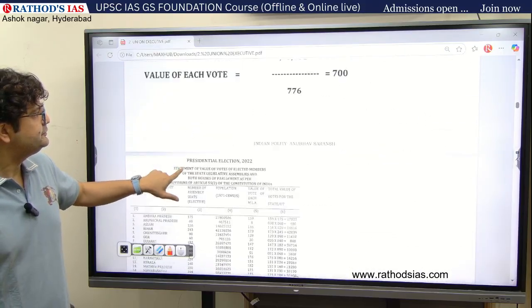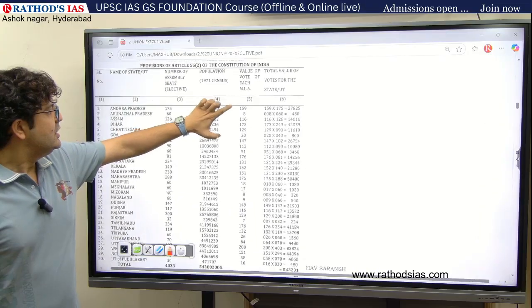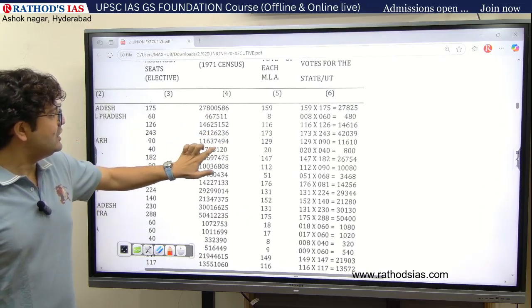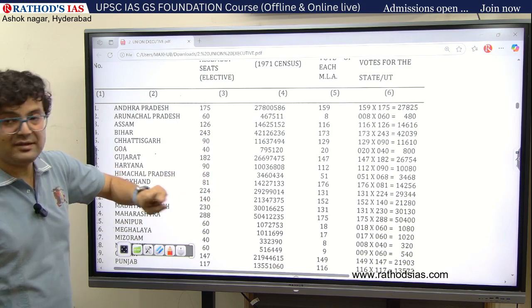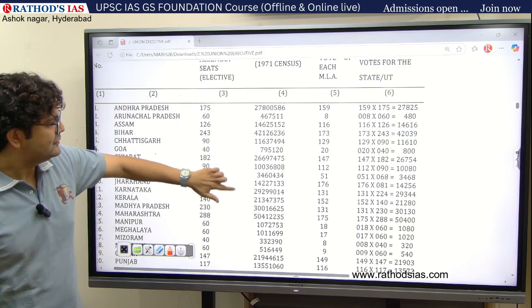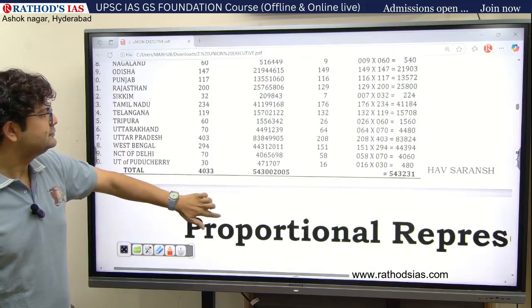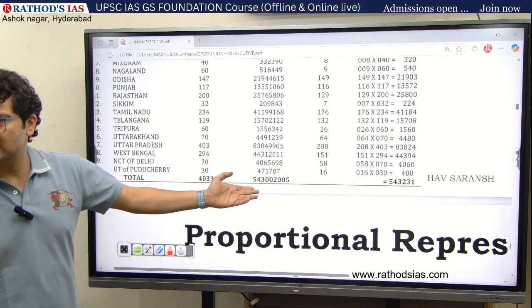But let's see. If you look at the population of Arunachal, you'll be surprised. Population of Arunachal and Pondicherry: 4.67, check Pondicherry, 4.71, same population.